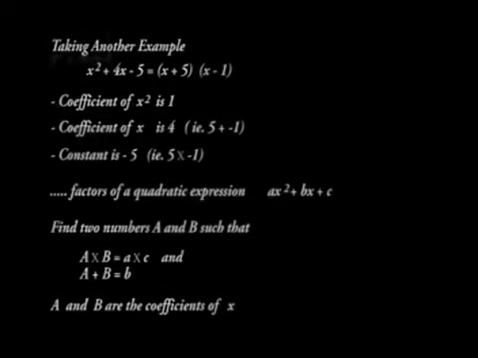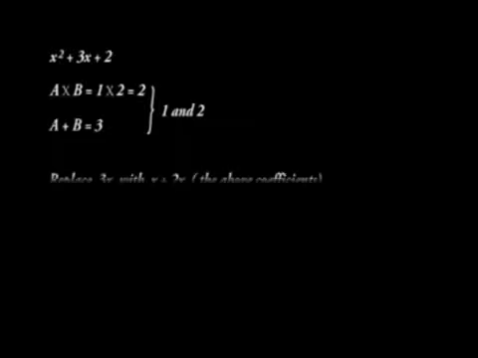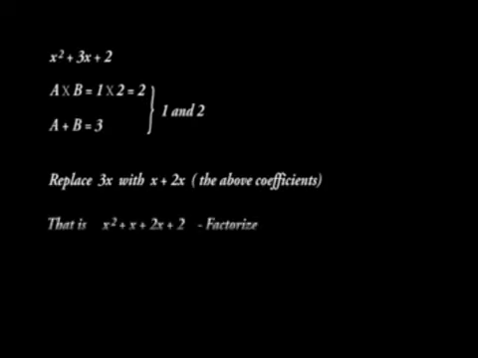For example, x squared plus 3x plus 2. Find p and q such that p times q is equal to 1 times 2, p plus q is equal to 3, and those numbers are 1 and 2. Replace 3x in the expression with x and 2x, that is x squared plus x plus 2x plus 2.